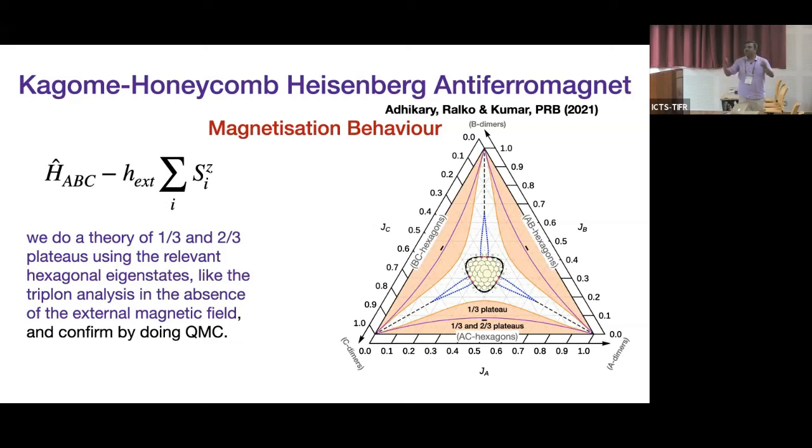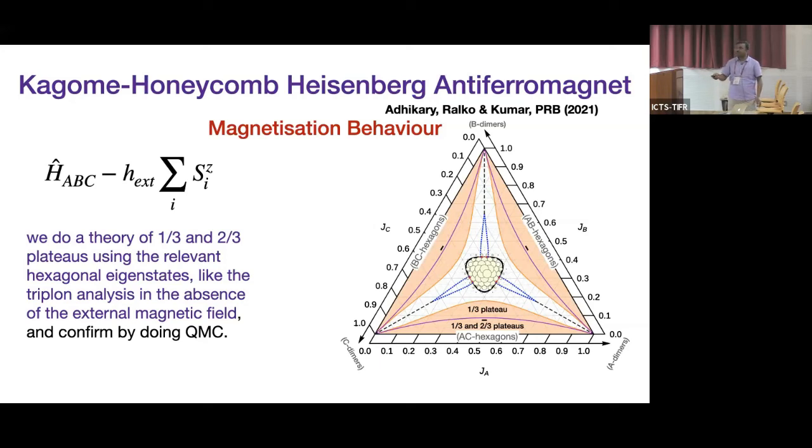So imagine there is a field axis coming out of the plane of this phase diagram. Then depending upon where you are in this orange region, you would either see a 1/3 plateau, or you would see 1/3 and 2/3 plateaus. And if you are outside the orange region, you would see no plateaus. So this is your magnetic phase diagram.